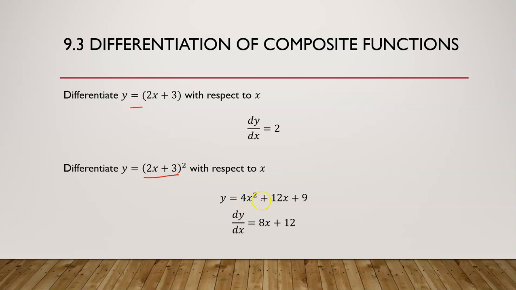Then you will have 4x squared plus 12x plus 9. Then we differentiate with respect to x. You will have 8x, by using the power rule. So these two bring in front, 8x, 2 minus 1 gives 1, power 1 here. And for 12x, the constant 9 will be equal to 0. So you will end up with 8x plus 12.